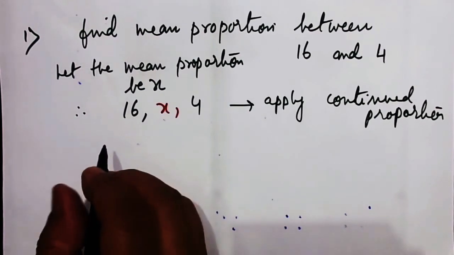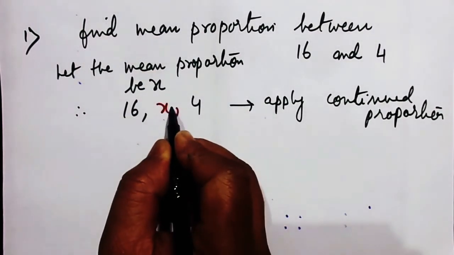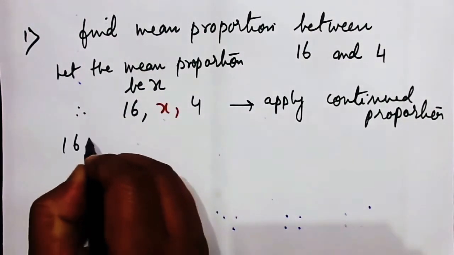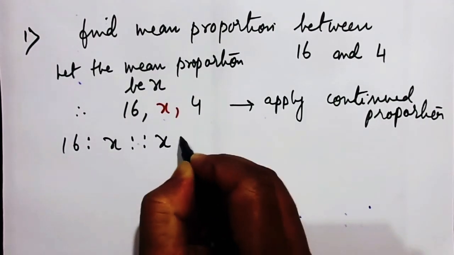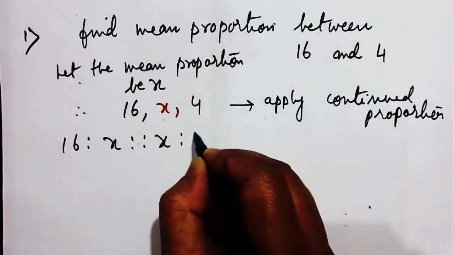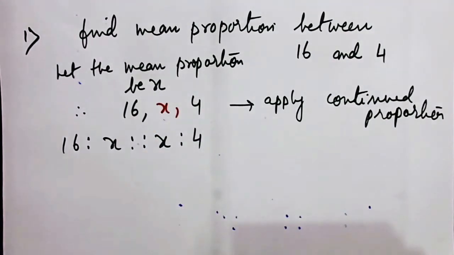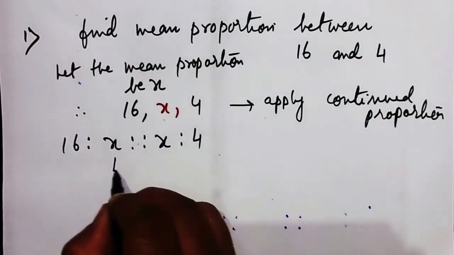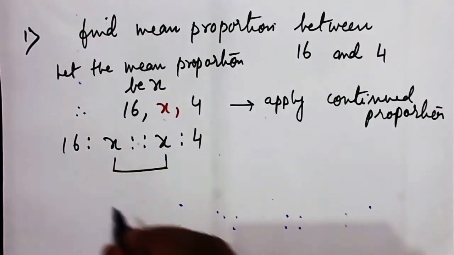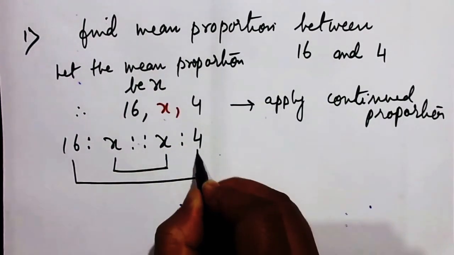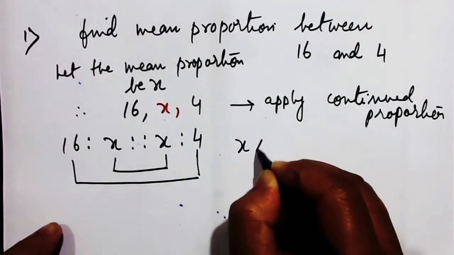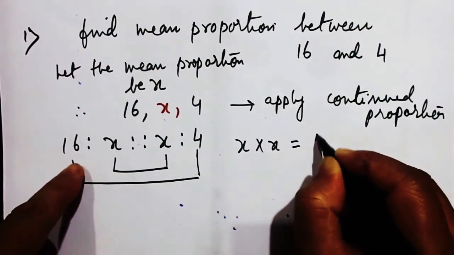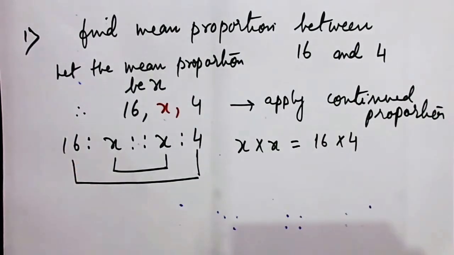As I said, the ratio of the first and the second, that is 16 is to x, will be proportional to x is to 4. And then finally, you multiply the means and the extremes. So here x into x will be equal to 16 into 4.